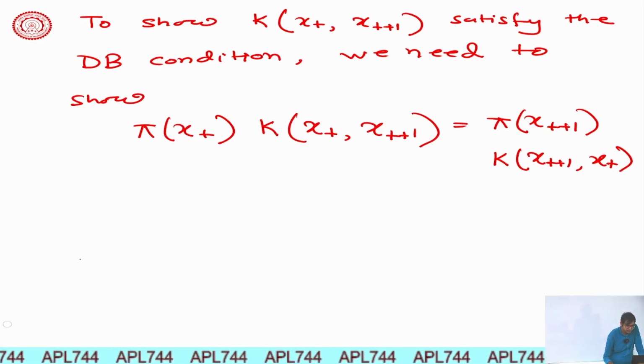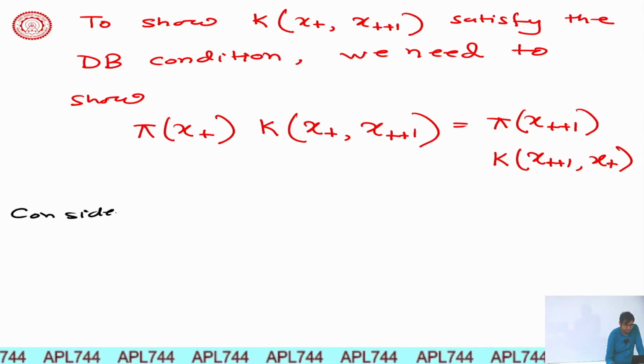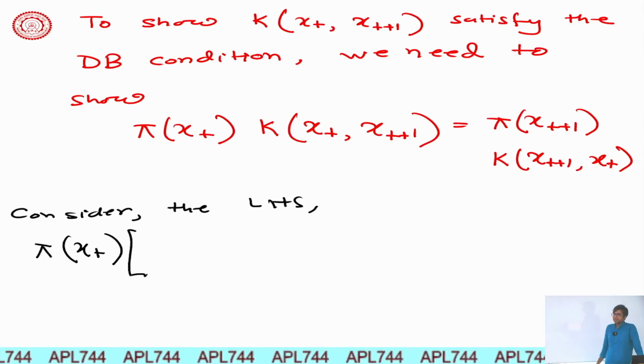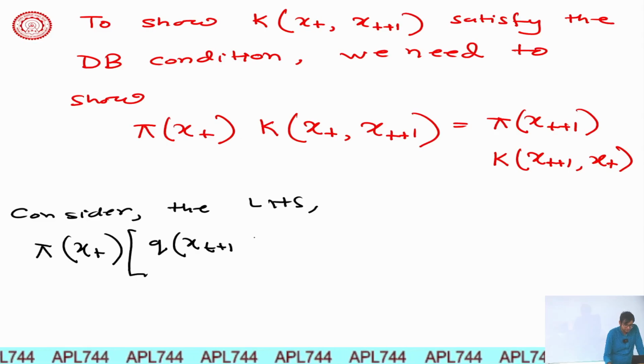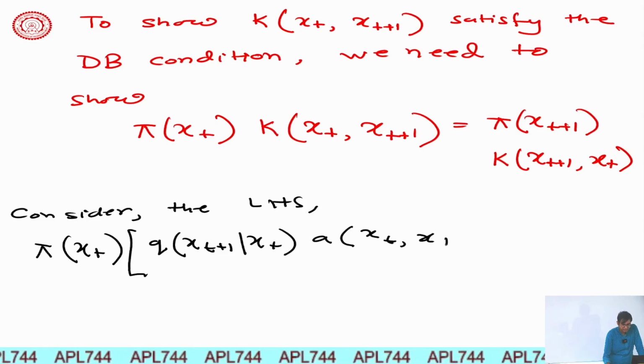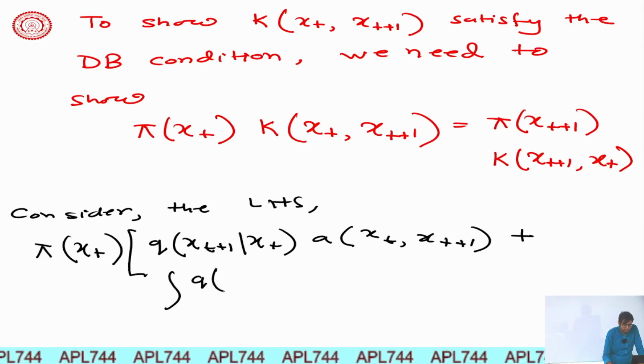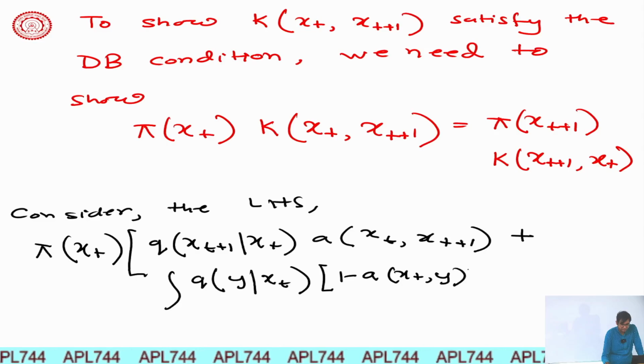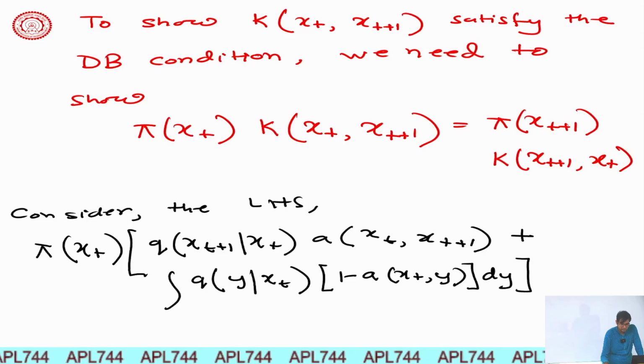So consider the LHS. If you consider the LHS, I have pi of xt multiplied by k of xt comma xt plus 1, which is equal to, from the previous slide, q of xt plus 1 given xt multiplied by a of xt comma xt plus 1, plus integration of q of y given xt multiplied by 1 minus a of xt comma y, dy, right?